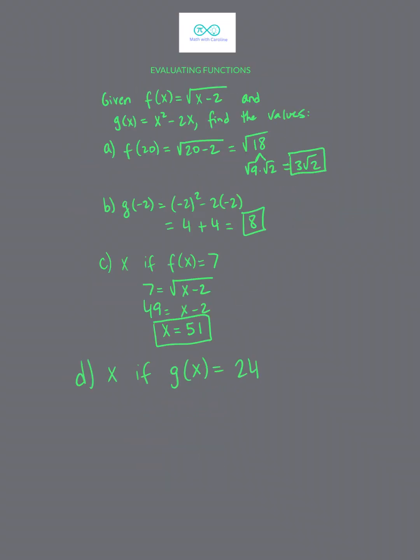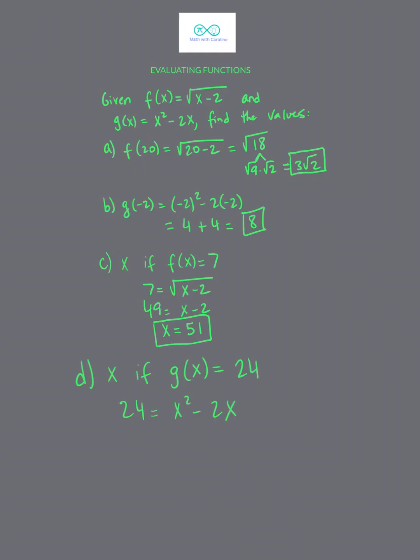For our next example, let's solve for x if g of x is 24. So we'll be using our g of x equation again, but instead of solving for g of x, or y value, we're going to solve for x. So we're going to plug in 24 for g of x. Now we see that we have a quadratic, and so we know that to solve quadratics, when there's an x term, we can do that by quadratic formula or factoring.